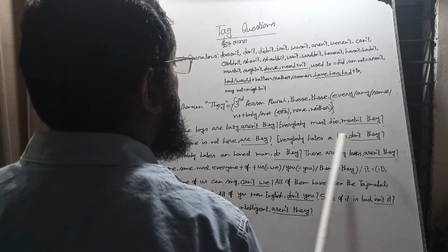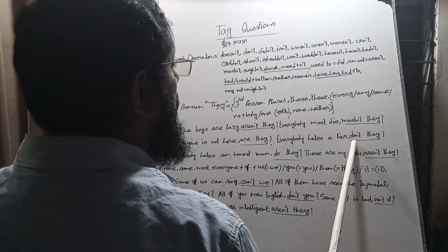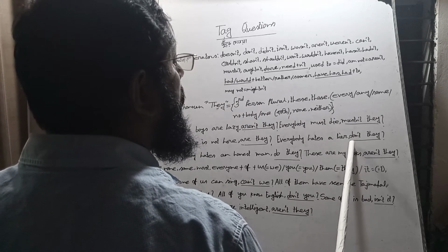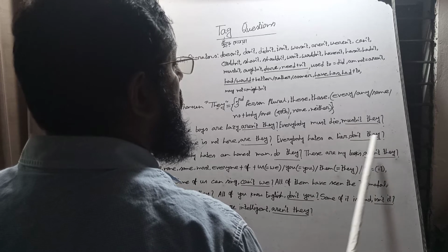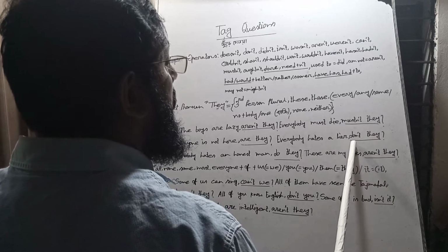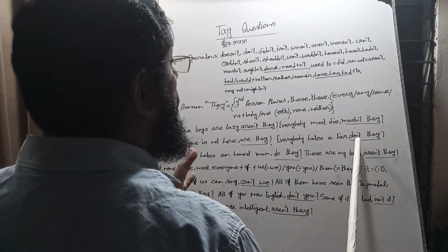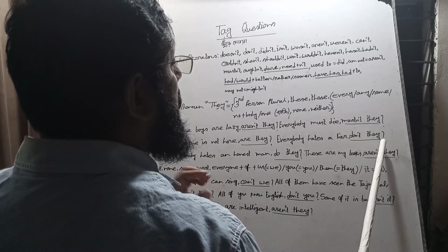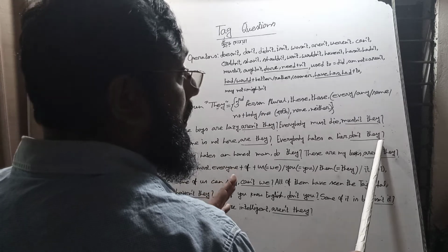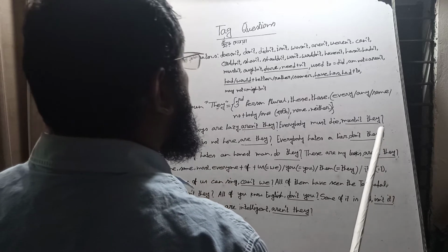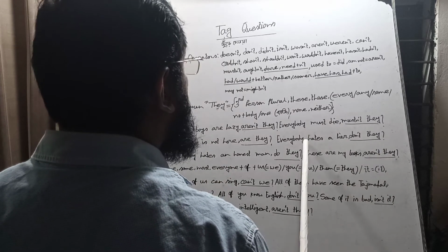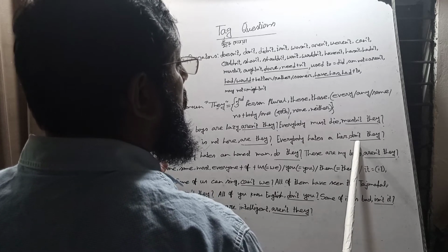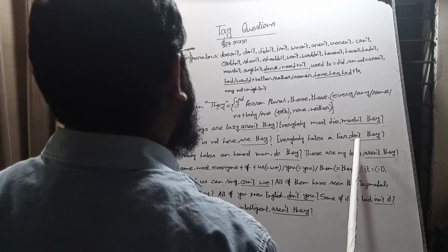So in present indefinite tense we bring do as the auxiliary verb, and it will be do, not does, because the subject they is third person plural. Does is used with third person singular only.